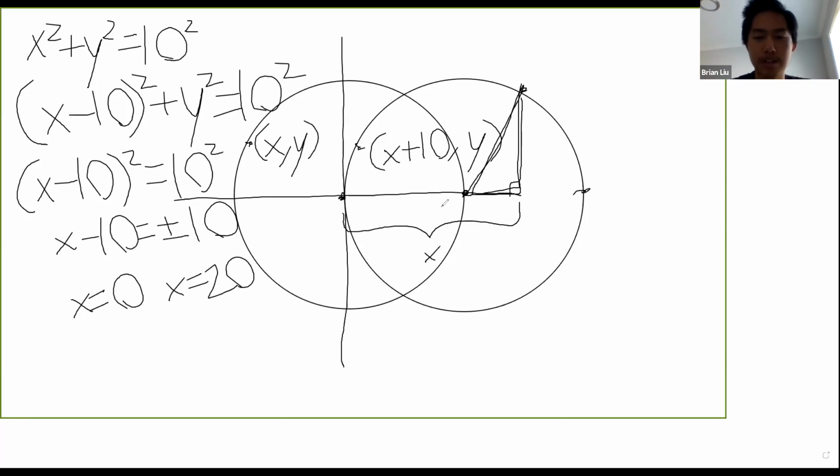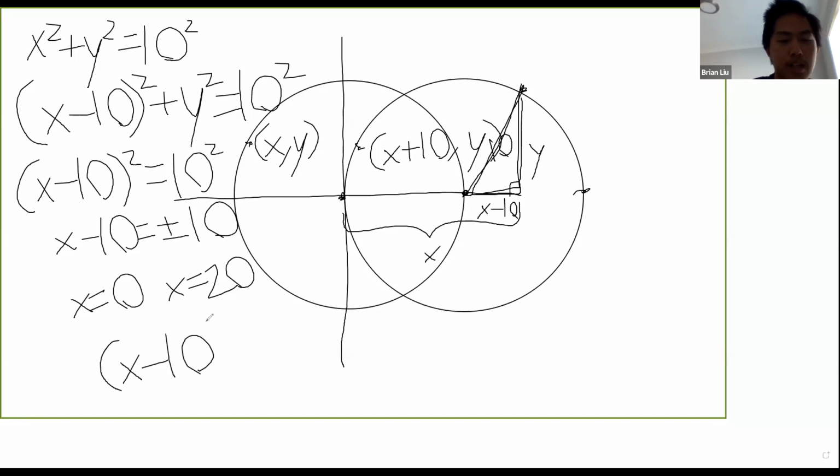So not from the center to this point, but from here to here being x. Then in order to plug this into the Pythagorean theorem, you need to subtract this length right here, which is 10. So this leg right here is x minus 10, and this right here is still y, and this right here is 10. So by the Pythagorean theorem, we have x minus 10 squared plus y squared equals 10 squared.